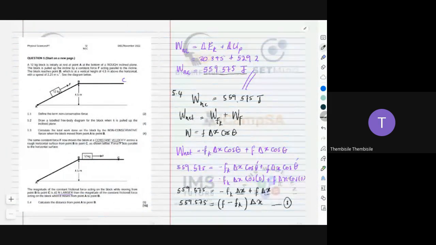Because remember, they told us it's 42 newtons larger. So that means they added 42 newtons on top.